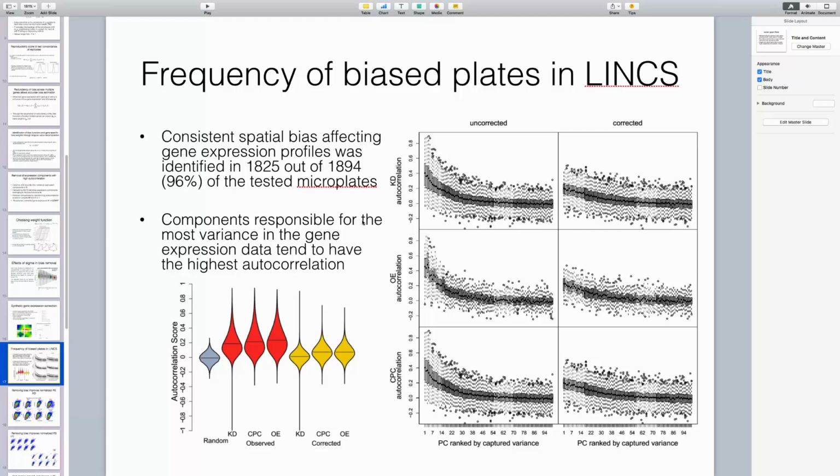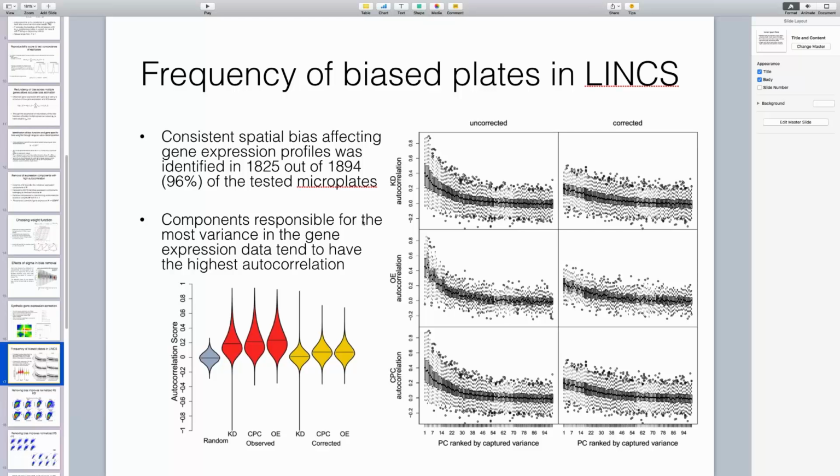In the left column, it's the uncorrected data. In the right column, it's the corrected data. So what we see here is that the principal components that show the most bias on average are the high principal components. So the most biased principal component is the first component. And the autocorrelation there is 0.4 on average for all the 3 data sets that we looked at.